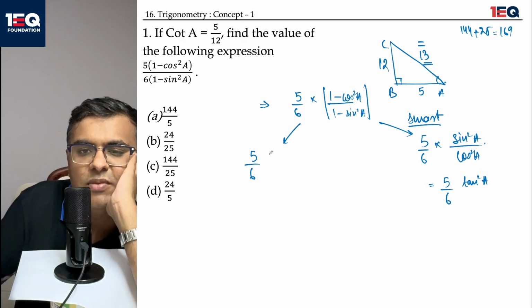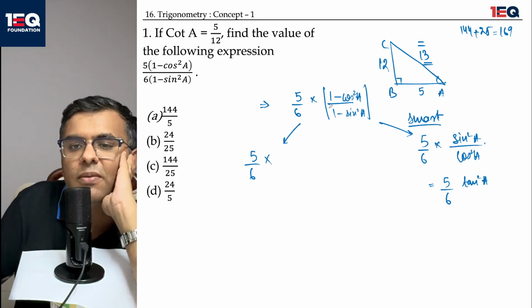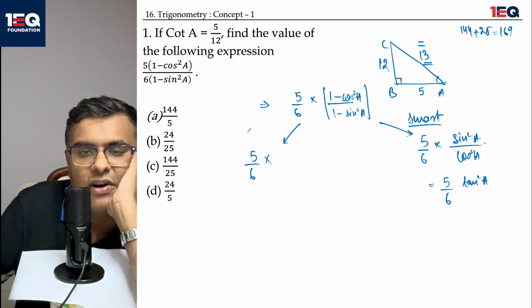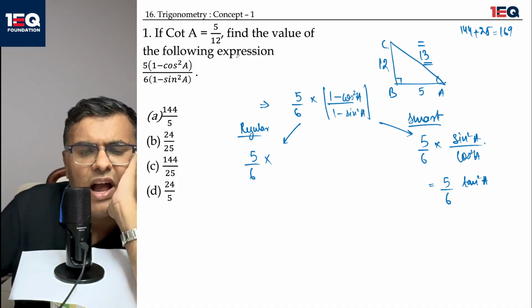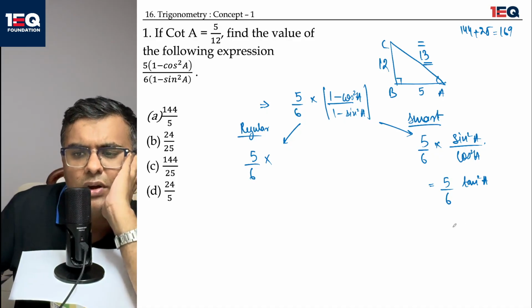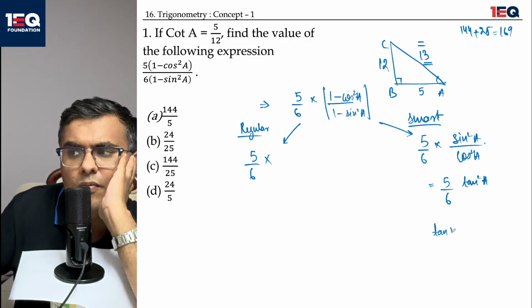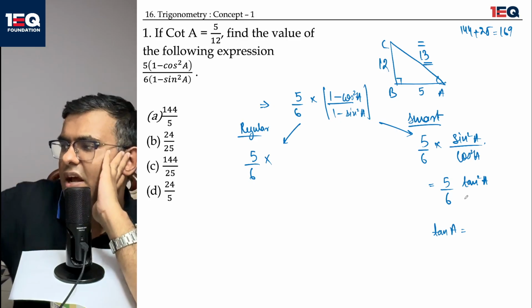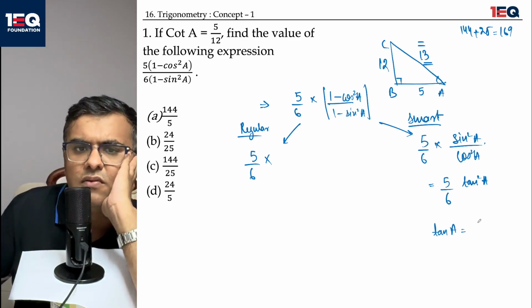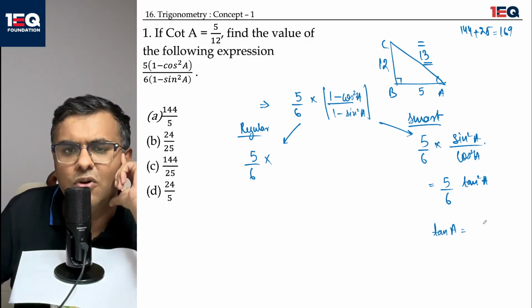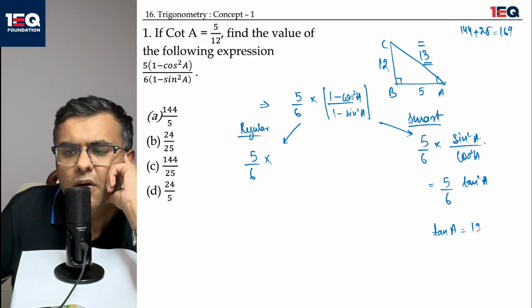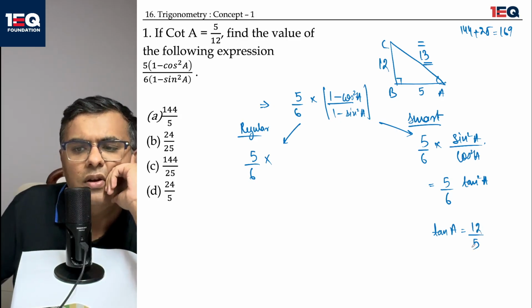I have the value of cot A with me. The value of tan A would be the reciprocal of cot A, which is going to be 12 upon 5.